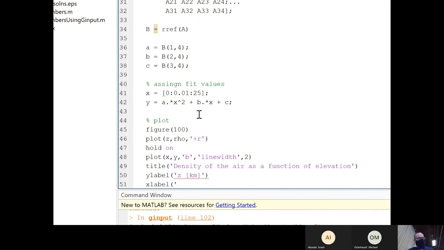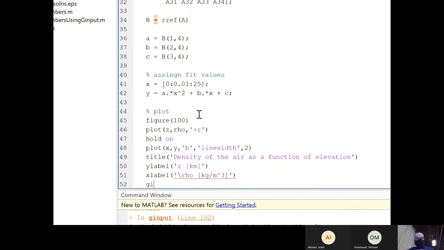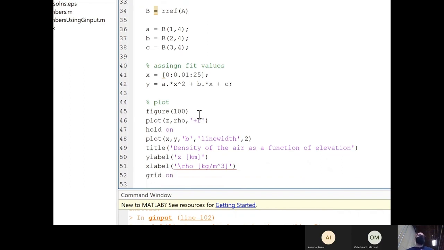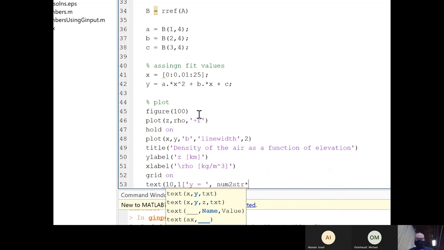I just like typing. Any figure number you want. There's a lot of code in this.